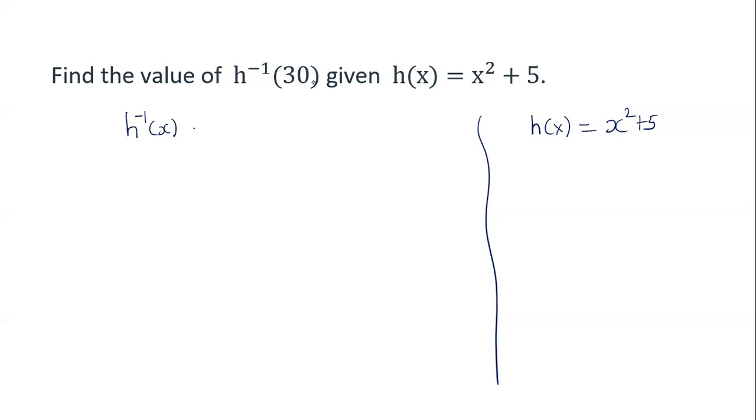Okay. Some people are getting it. Magezi, you can take us through. I'm seeing your hand is already up. Okay, but you can take us through again. No worries. So you have h of x is equal to x squared plus 5.